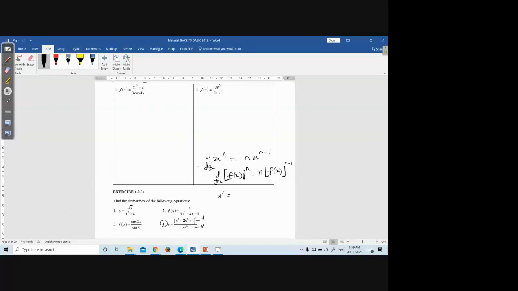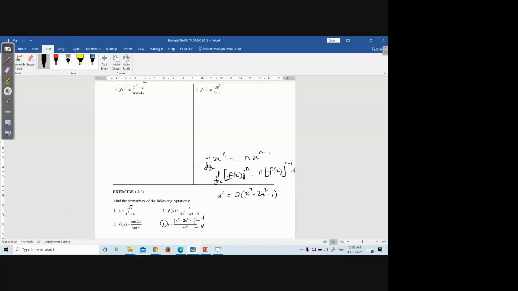Oh, so nanti dapat 2. Yeah, in the bracket, we just copy what we have in our bracket, and then 2 minus 1. So minus 1 is 1. But the formula is not complete. You must multiply with f prime x.